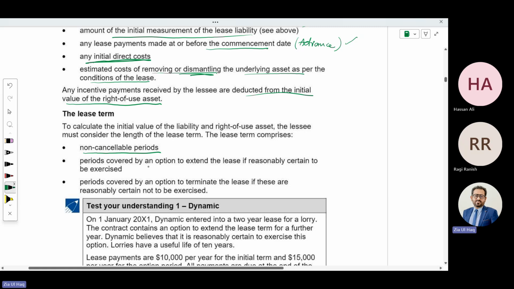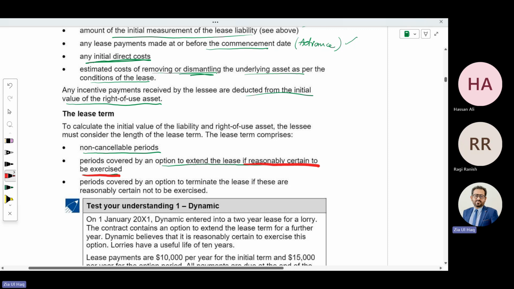Next, the period covered by an option to extend the lease, if reasonably certain to be exercised. Say you are getting the asset on lease for 3 years, and there is an option that you can extend the lease to 5 years, meaning 2 extra years.